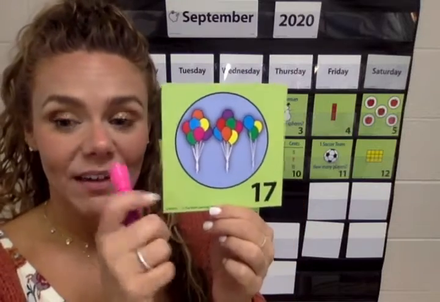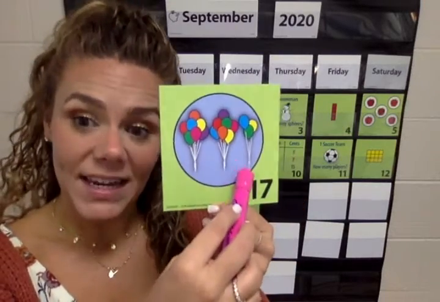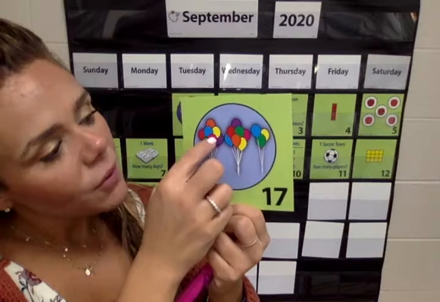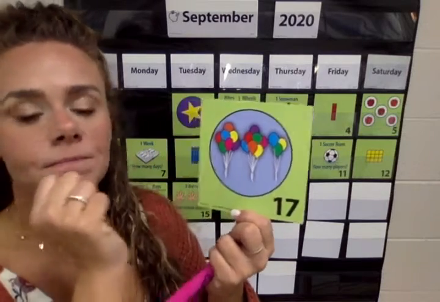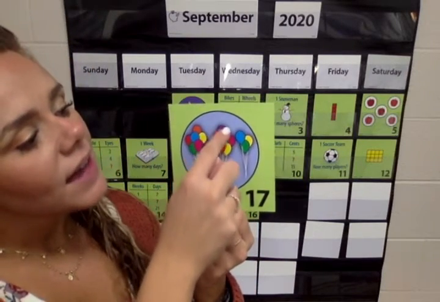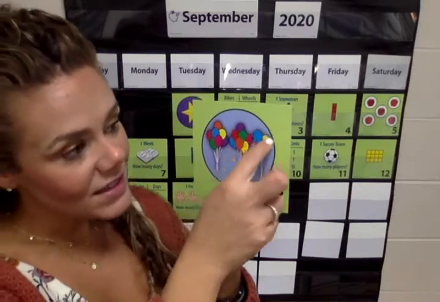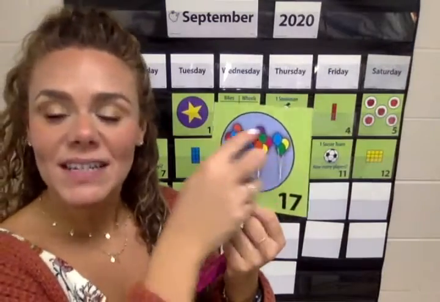Every day, whatever our date is, it matches the amount on our card. So let's count. 1, 2, 3, 4, 5, 6, 7, 8, 9, 10, 11, 12, 13, 14, 15, 16, 17. We have 17 balloons inside of our loop today.